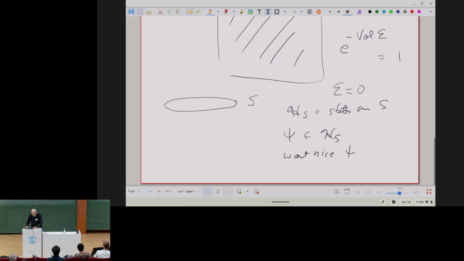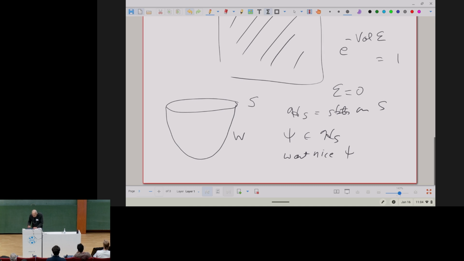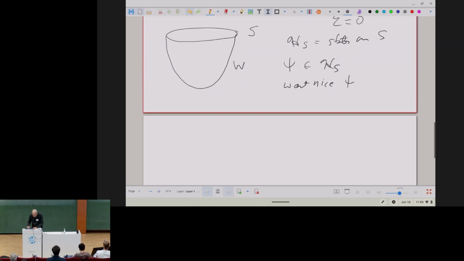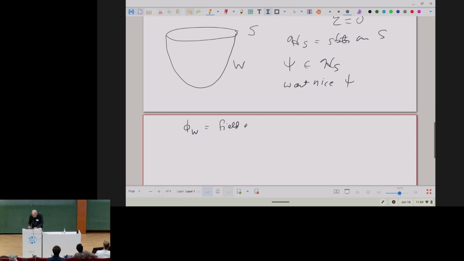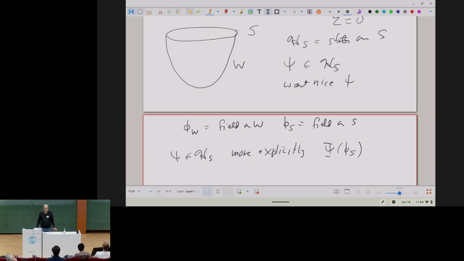A standard way to do that is to pick a manifold W whose boundary is S. Then let phi W be a field on W, and phi S a field on S. What are we trying to do? We're trying to make a state in H sub S, but as you probably know from your studies of field theory, more explicitly, a state in H sub S is a function psi of fields on S. So we're trying to construct a nice function of fields on S.